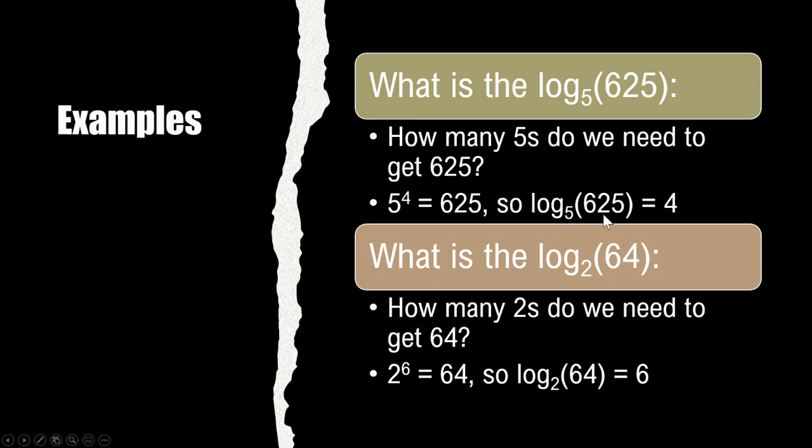So log base 5 of 625 is 4. What is the log base 2 of 64? What am I asking you? How many 2's do we need to get 64? Well, 2 to the 6th power equals 64. So log base 2 of 64 equals 6.